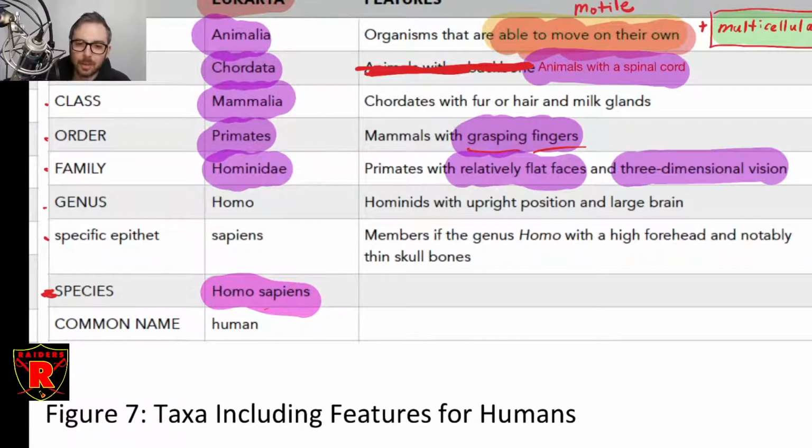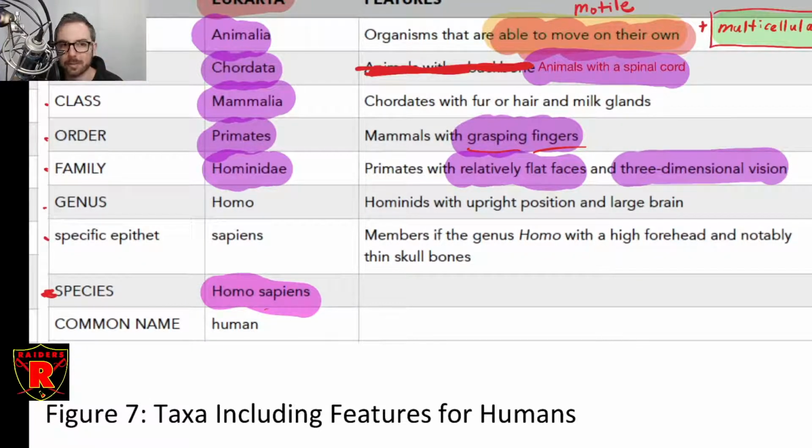You might be thinking, oh, well, what about chimps or gorillas? Well, they don't apparently fit the definition of relatively flat face. It's because they have that protruding sort of snout on the front. I'm not sure if that snout is the right word, but if you look at a primate skull and turn it sideways, you can actually see in the skull they have a sort of protruding mouth area, which no hominids have.